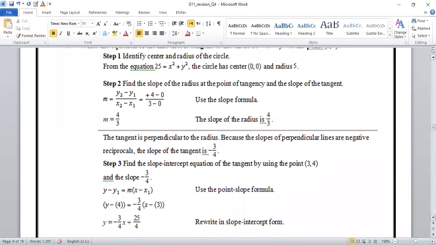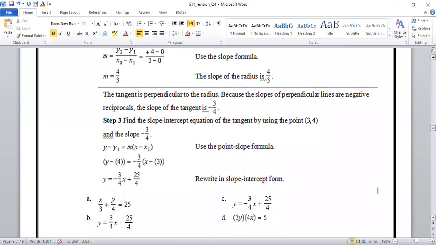Step number 3, find the slope-intercept equation of the tangent by using the point (3, 4) and the slope negative 3 over 4. This is the point-slope formula: y - y1 = m(x - x1).